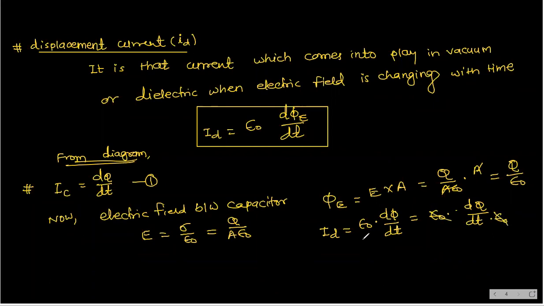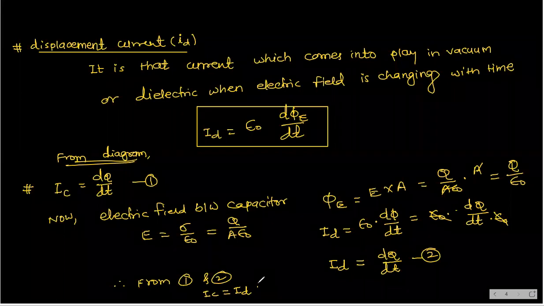This epsilon naught and this epsilon naught will get cancelled, and you get Id is equal to dq by dt. This is your equation number 2, and therefore from equations 1 and 2 I can say that Ic is equal to Id. So displacement current and conduction current are both the same.